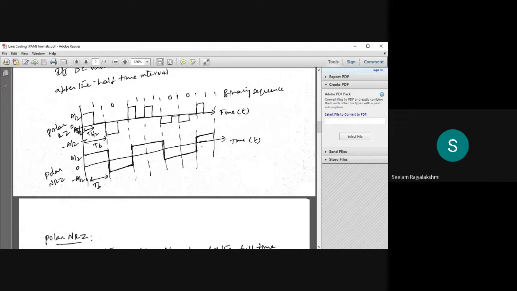It takes the pulse from A/2 and again returns to 0. Again we have another pulse from A/2, again two zeros, the pulse returns to 0, and for the two zeros we have the pulse below the negative axis, at minus A/2, and again we have a positive pulse, which goes to 0.